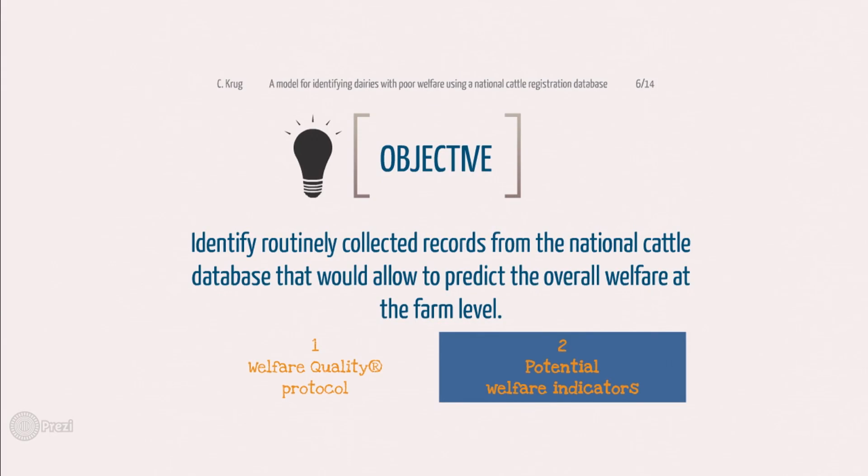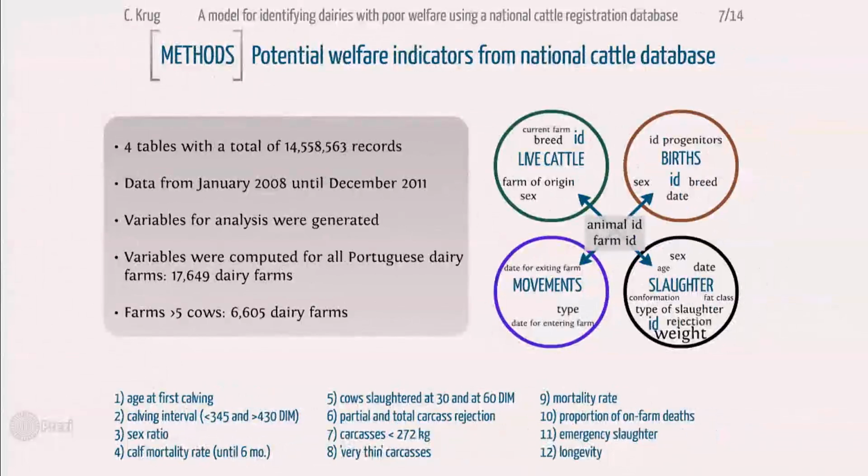So this is the second part: to identify potential welfare indicators present in the database that would be able to detect these farms with poor welfare. The Portuguese National Cattle Database has four main tables: live cattle, births, movements, and slaughter.